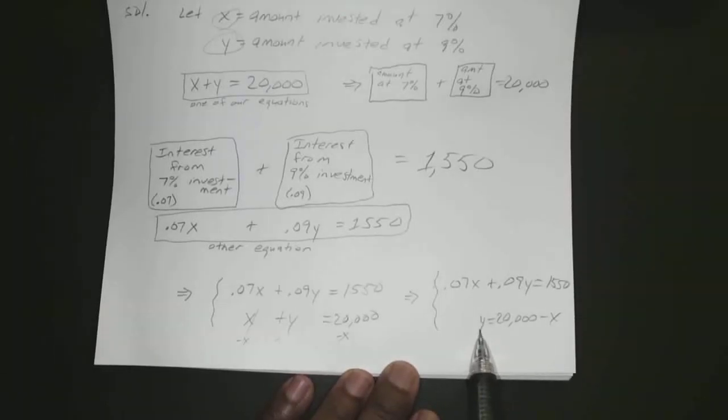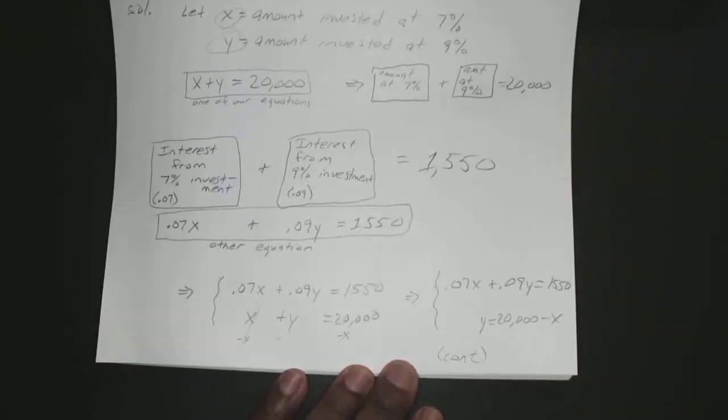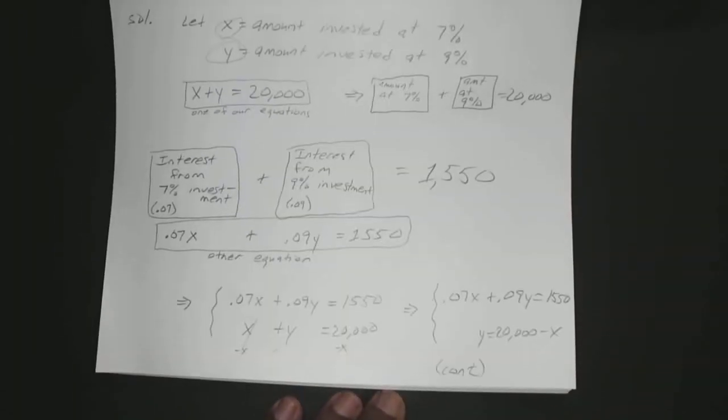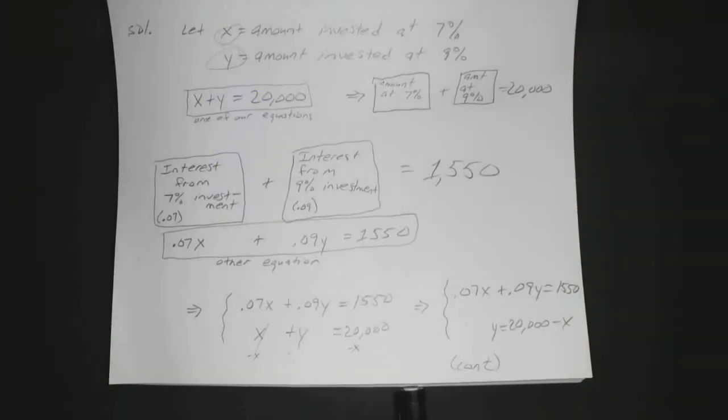Now all we have to do is plug in for the y up here, replacing it with 20,000 minus x, and then solve for x. We'll continue that on the next page.